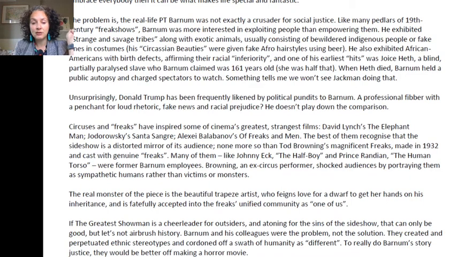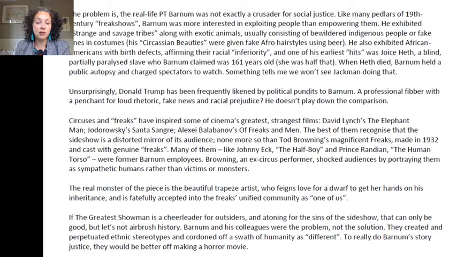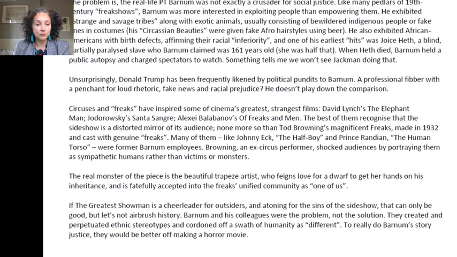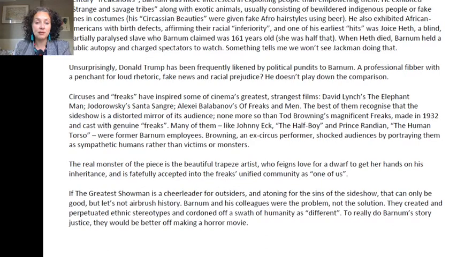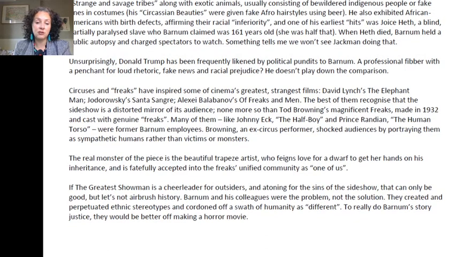Browning, an ex-circus performer, shocked audiences by portraying them as sympathetic humans rather than as victims or monsters. The real monster of the piece is the beautiful trapeze artist who fakes love for a dwarf to get her hands on his inheritance, and is fatefully accepted into the freaks' unified community as one of us.